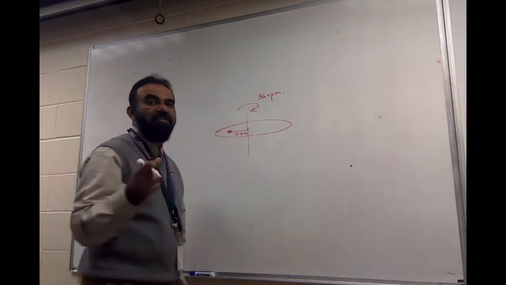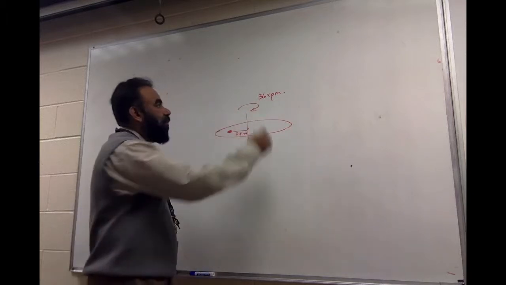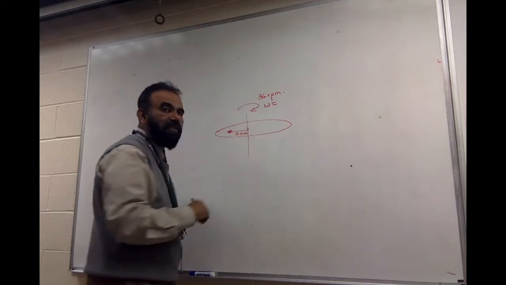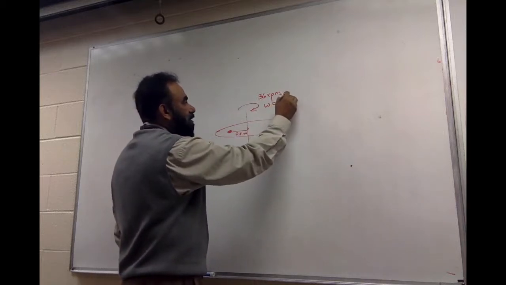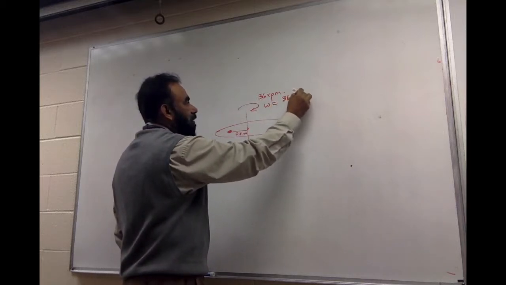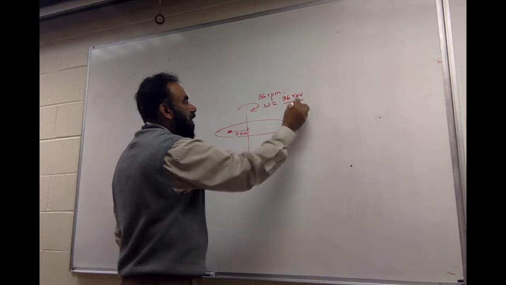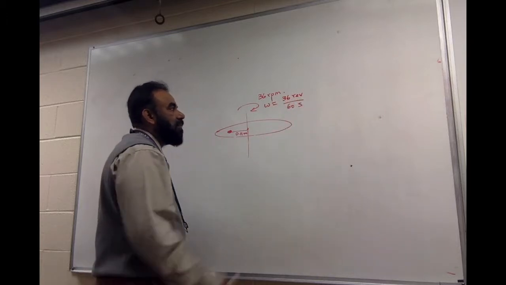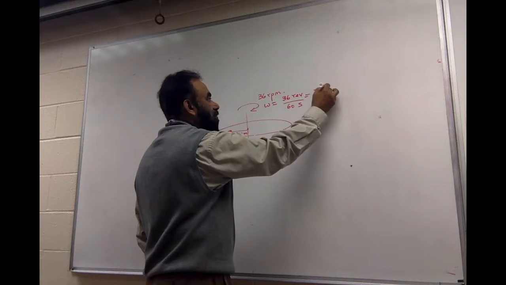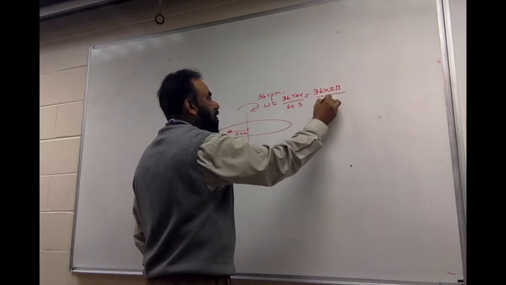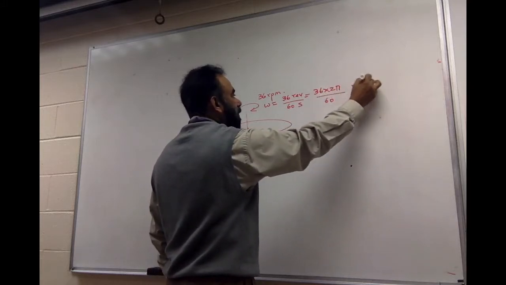Revolutions per minute. You have to change it now to? So what is omega? Get omega from there. So 36 revolutions per 60 seconds. And that means 36 times 2 pi over 60 radians per second.